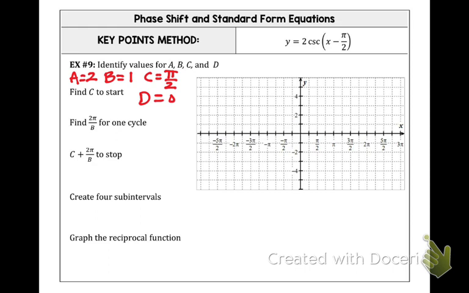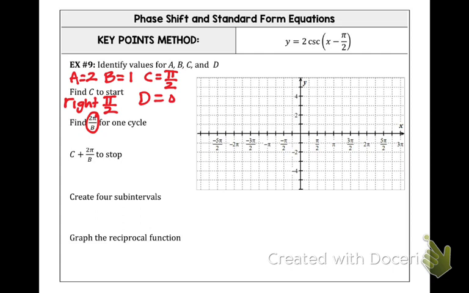Okay, so what we want to do is first start with our phase shift, right? So we're phase shifting, so start with our C. We're phase shifting to the right, half a pi, so positive half a pi. And then we're going to add a full period, right?